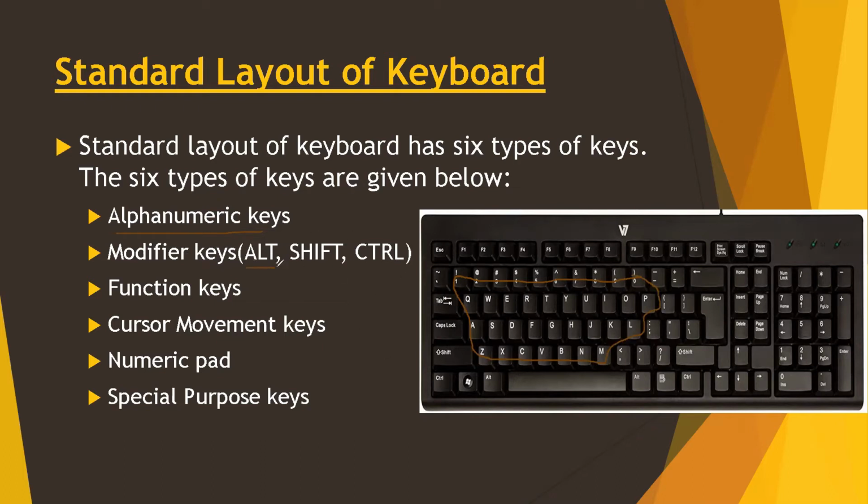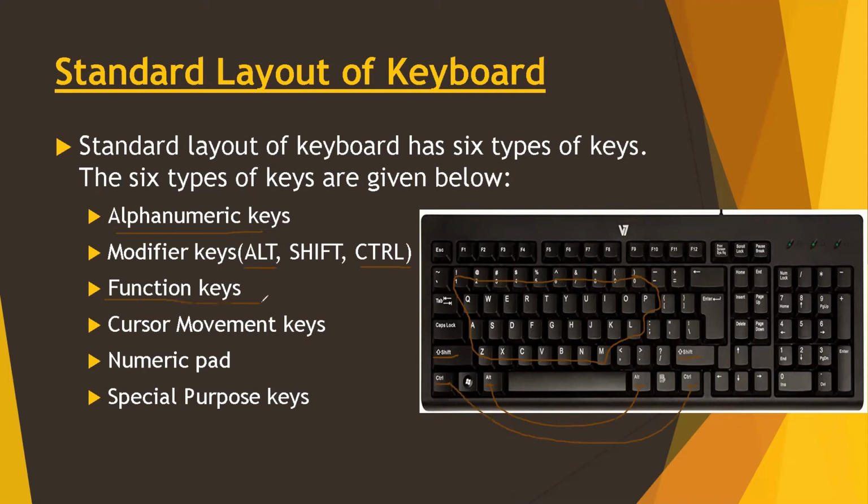Where are they located? They are in pairs. Here one Alt button and here one more Alt button. Then Shift: there is a left Shift and a right Shift. Then Control, same here. You can see the Control keys in pairs. These are the modifier keys.